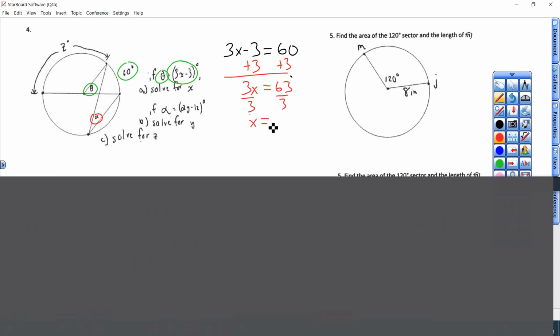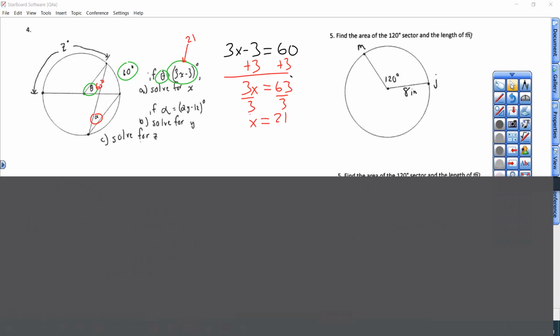And that gives you what x would have to be. I think that's 21. So that would be the answer I would use for x to get 60, because it has to equal 60 degrees, right? All right, what do you think about that one?